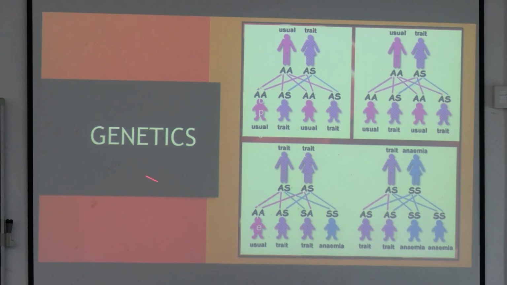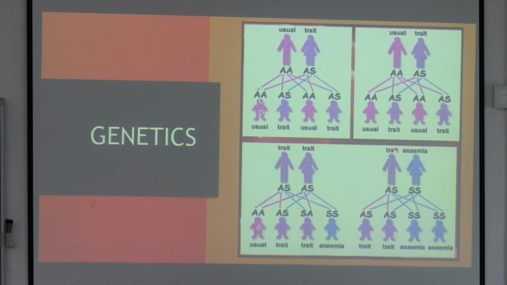Okay, so these both are trait. This is Mendelian inheritance. You are reading this from class 11-12. Okay, and this is trait and this is SS or homozygous or disease.